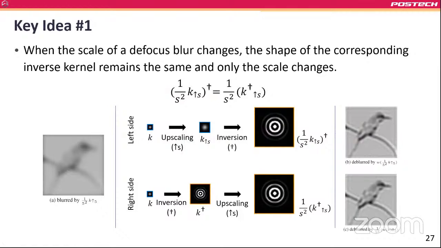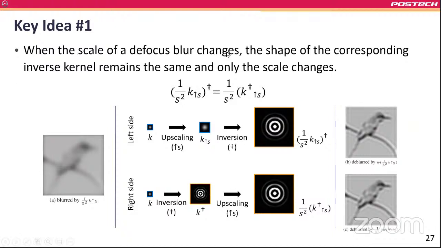There are some key ideas. The first one is that when the scale of defocus blur changes, here again, you remember I mentioned that in the case of defocus blur, the shape remains almost the same, but the scale is changing.